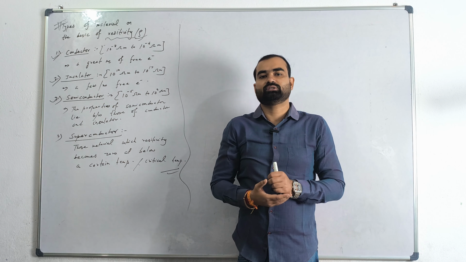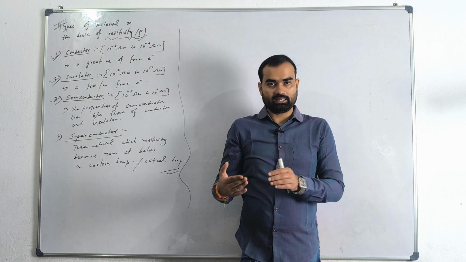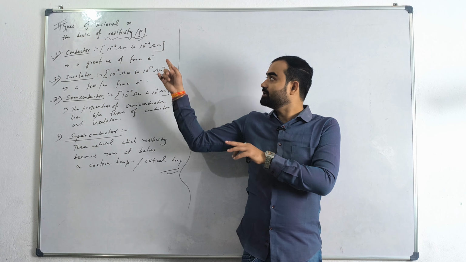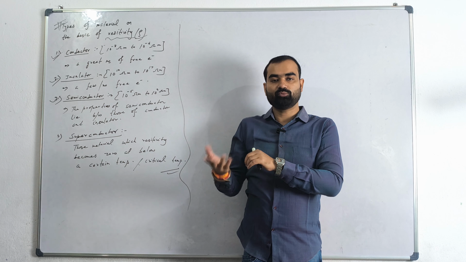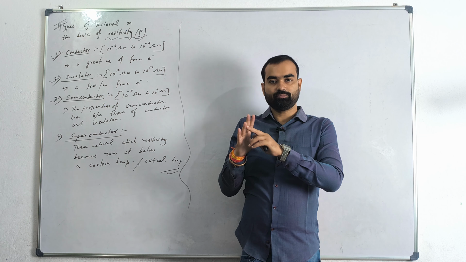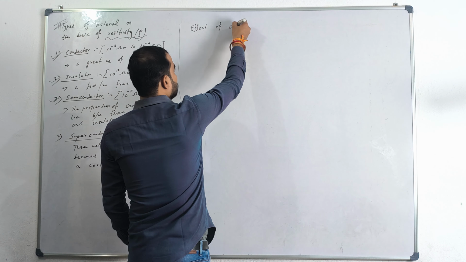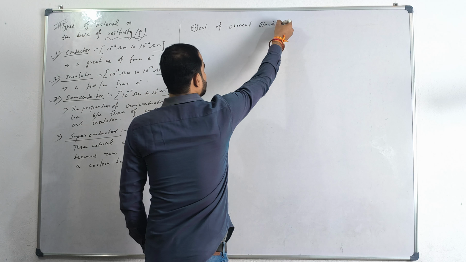This is the theme of the session, and in this lecture, part B of current electricity for class 10th, our first finger was the types of material on the basis of resistivity. Now we are moving on to our second finger, effects of current electricity.